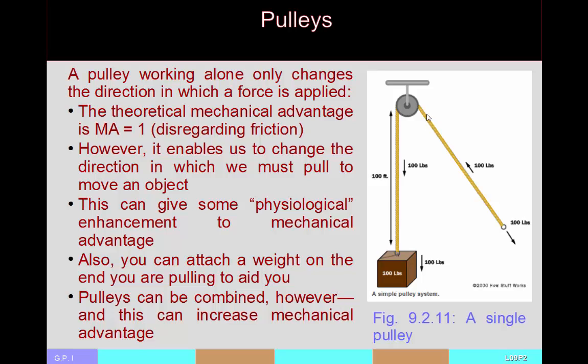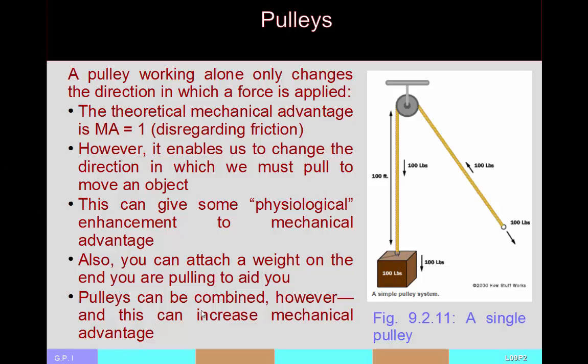Also, we can do some tricks like attaching a weight to the other end of the rope, which then would help us. If this is 100 pounds and I tie a 50-pound rock to this other end of the rope, then I only have to pull down with 50 pounds in order to lift this 100-pound block.